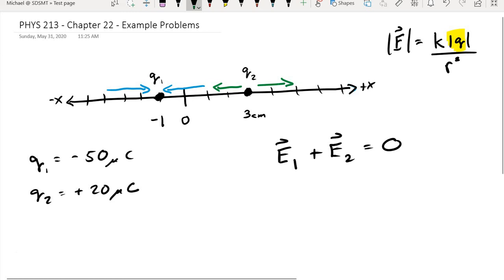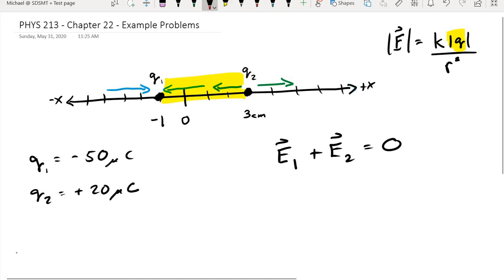And so right away, this kind of shows us that if we try to consider any point in between these two charges, well, look at what those electric field lines are doing. They're both pointing in the same direction. And so if we combine them, we're just going to make a stronger field.